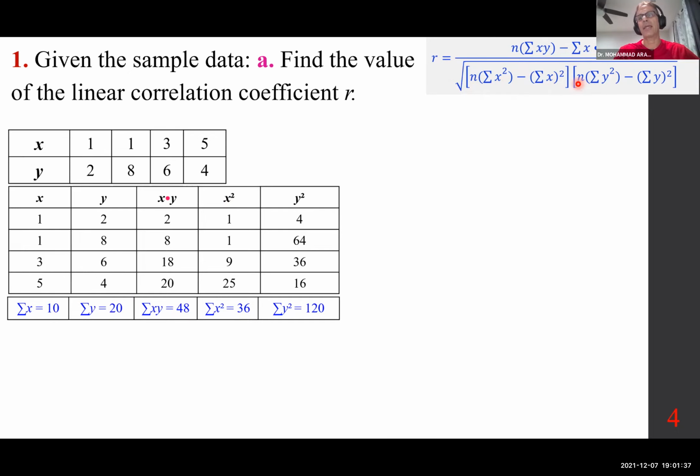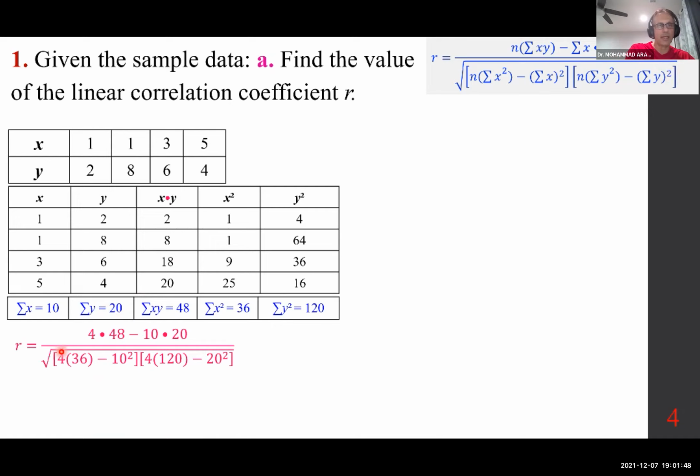Second bracket again, n is 4, summation of y squared is 120, minus summation of y, which is 20, squared. That's exactly what we have. And it will result in the following number. All we had to do in part A, find R. As you can see, it is extremely tedious. Nobody expects you to do this by hand.